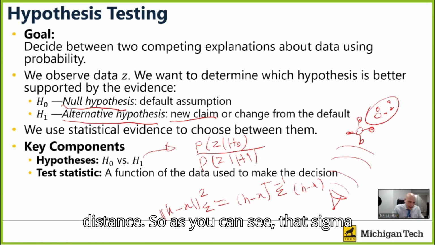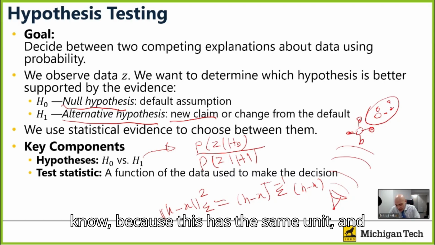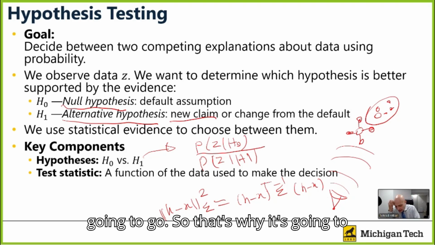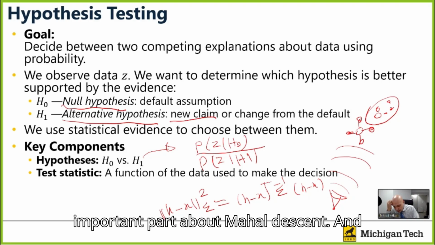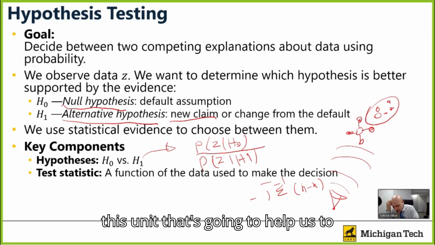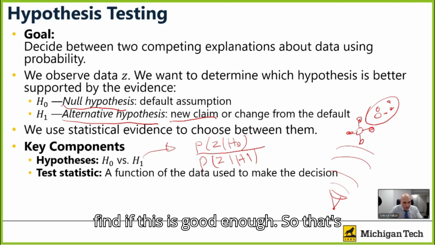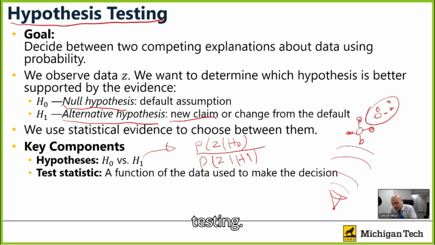So this is Mahal distance. As you can see, sigma has the same unit, and when you divide by that, the unit is going to go. So that's why this is going to be unitless. That's the important part about Mahal distance, and this unitless helps us to use some distribution to find if this is good enough. So that's the main point of this hypothesis testing.